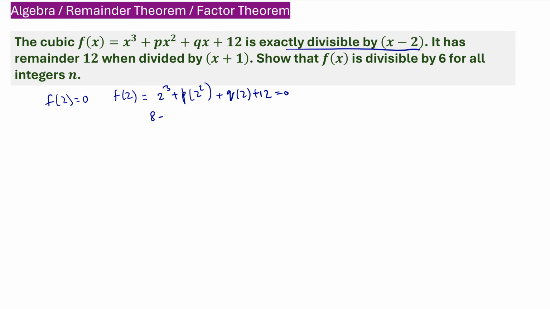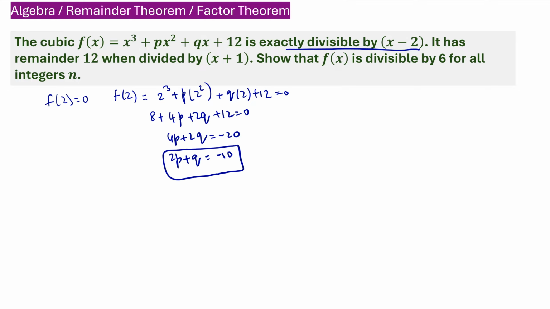So 8 plus 4p plus 2q plus 12 is 0, or 4p plus 2q equals minus 20. You can simplify it: 2p plus q equals minus 10. So this is the first bit.